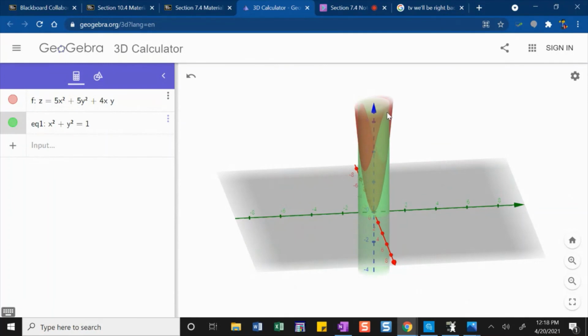And here's where the highest point of intersection is on the rim. Okay, so the unit circle transformed into a cylinder goes all the way up to here to form the maximum value. So this is where the highest point of intersection between the cylinder and our quadratic form occurs.